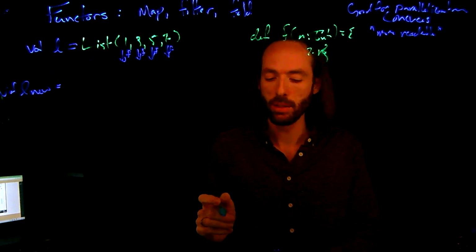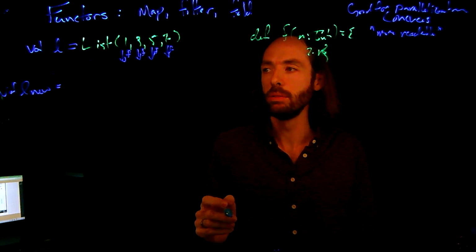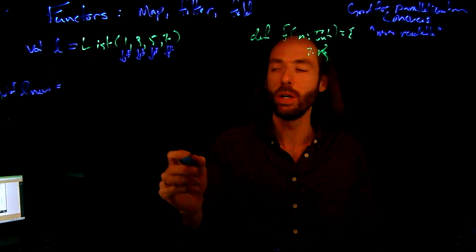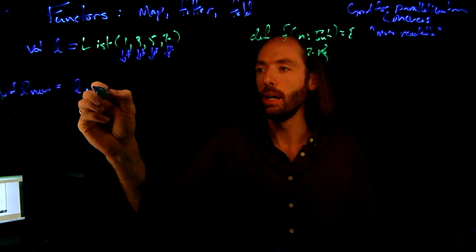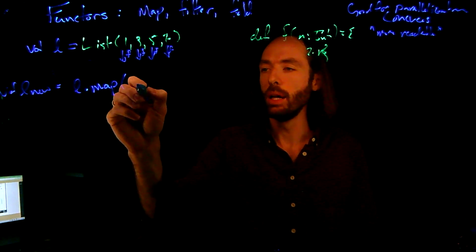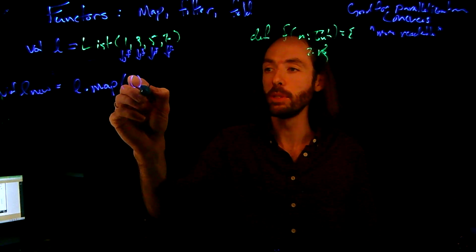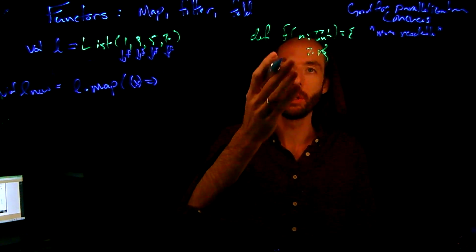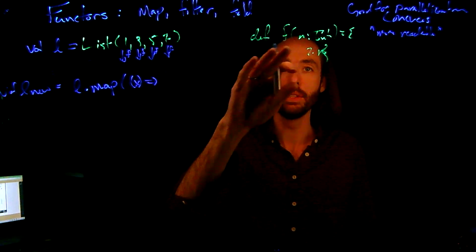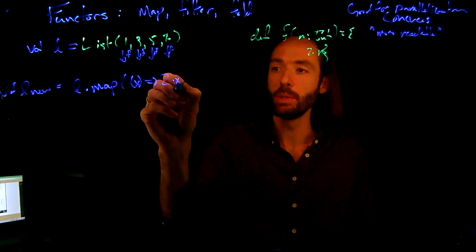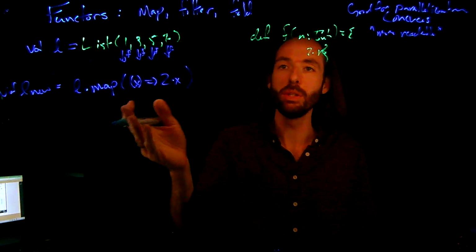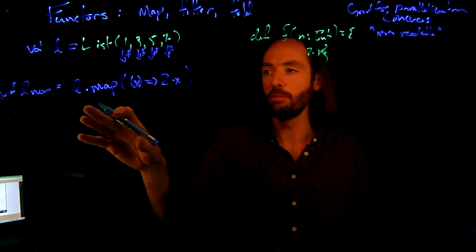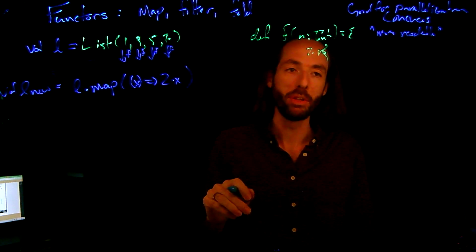Now, I've already talked about anonymous functions in Scala, so we can use those as well. So we can really say just l.map, and then we can pop in an anonymous function here. Let's say that it takes x, and then it does whatever we want to it. So if we want to reproduce this function f, we can just do 2 times x. And this is equivalent to defining f first and then running map with that f in there.